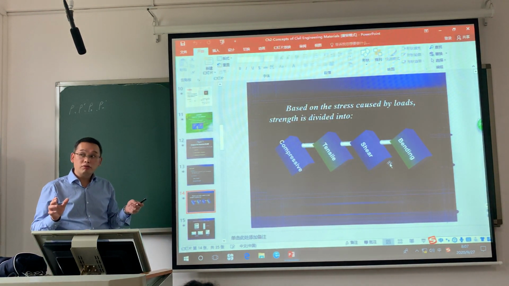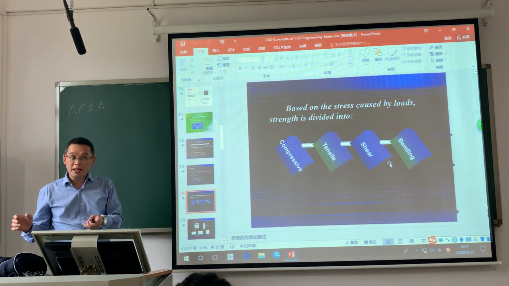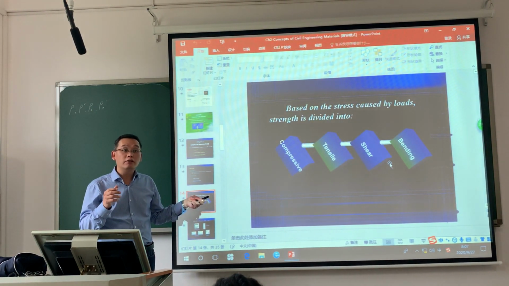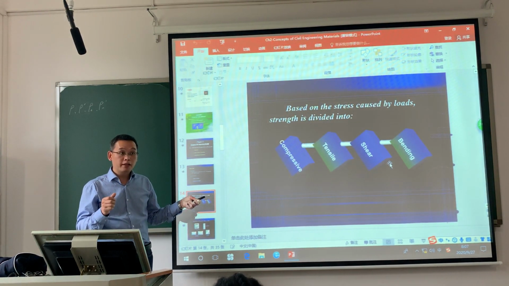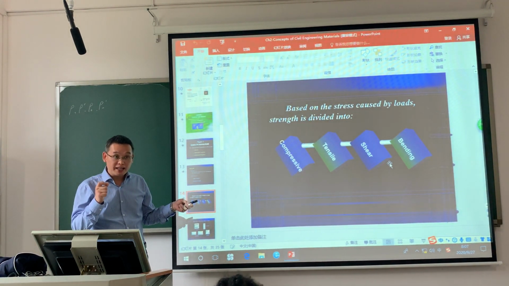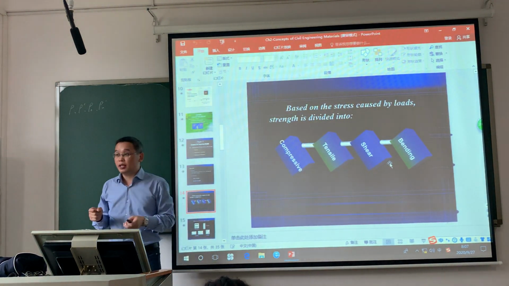What we will learn is cement concrete. For cement concrete, it has different kinds of strengths. But which one is the biggest for cement concrete? Compressive strength is the biggest.